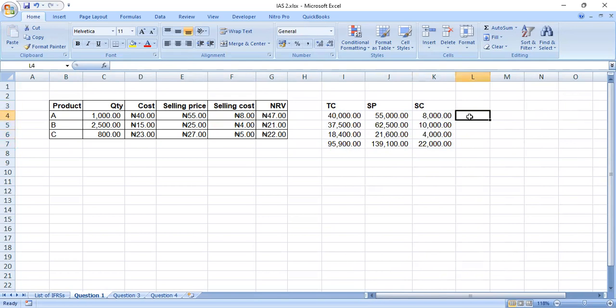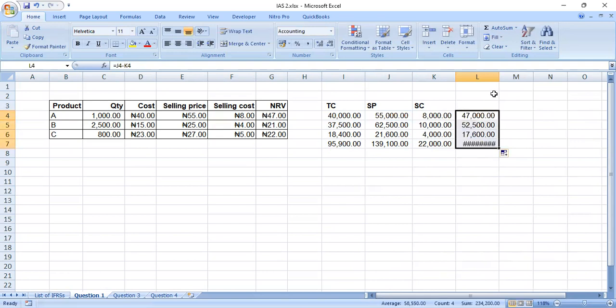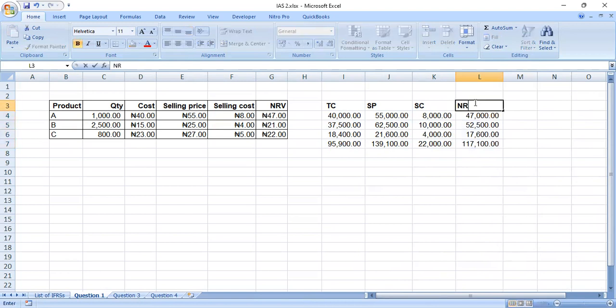The next thing you want to do is compare this minus this. So this now becomes your net realizable value. So this is your total cost, your selling price, selling cost, and this is your net realizable value.